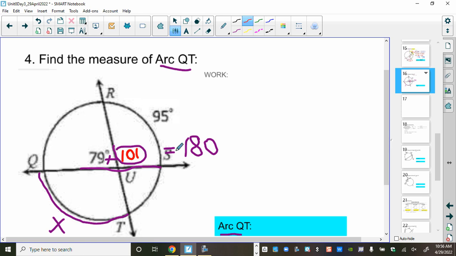Now, here's what I want us to do. 95 plus what gives us 101? What number plus 95 gives us 101? Okay, 95 plus 6 is 101. Now, if this angle's 101, then how much is this angle directly across? 101 too.